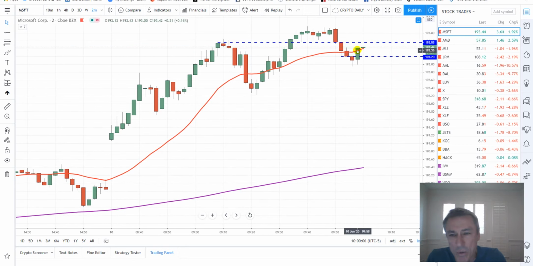We did close over the 20, so that gives us a little bit more positive feel that we might continue up. Of course, we're selling off right now. We've got about a minute 30 on this current candle. We're just going to do a market sell if we get any type of pump up to this blue dash line, this little high pivot area.